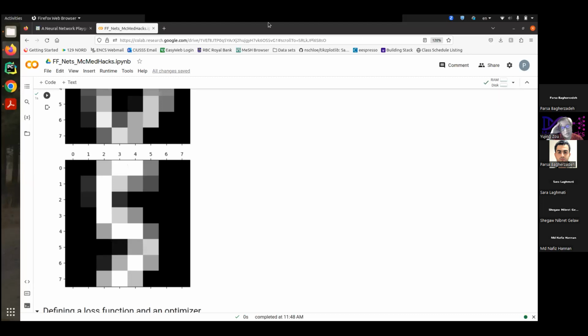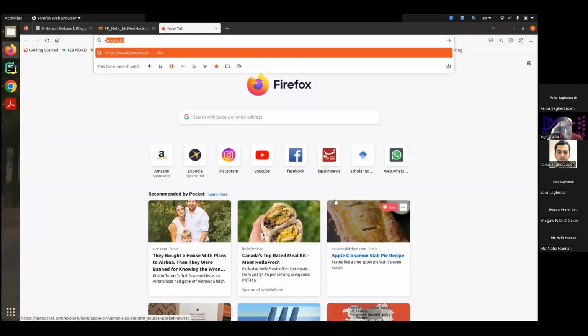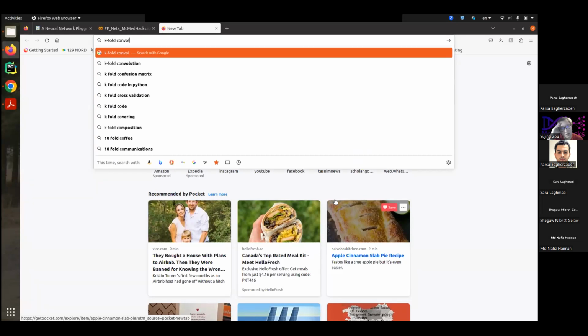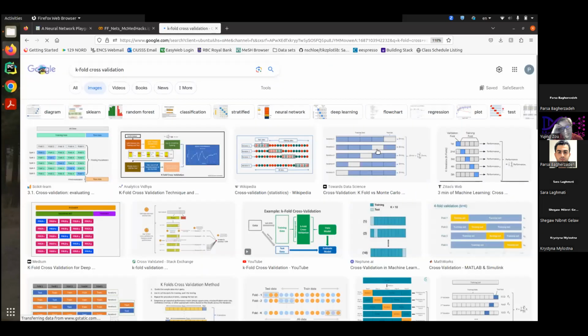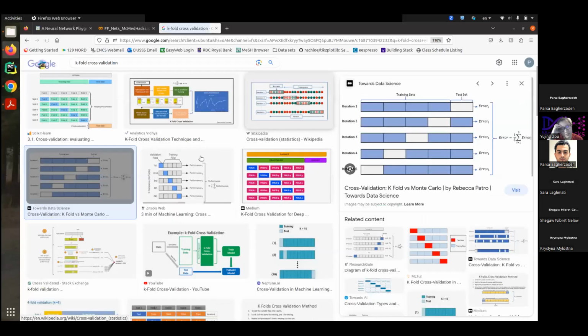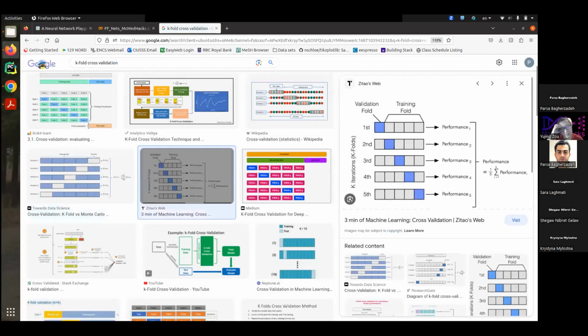Yes, that's a great idea. K-fold cross validation. The other one is better. So what is k-fold cross validation and why do we need it?